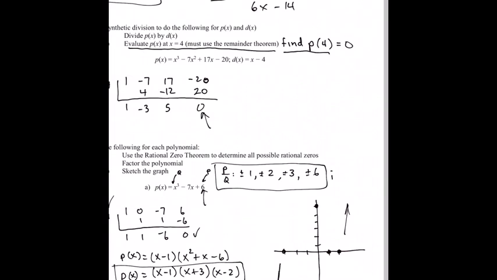So starting from the left, I know that the graph's going to cross through at that 0. And then I have a value of negative 2 and a value of negative 1 that I need to plug in. I'm going to plug in negative 1 to see where the graph is. It may be that the graph is up here. It might be that the graph is right there.